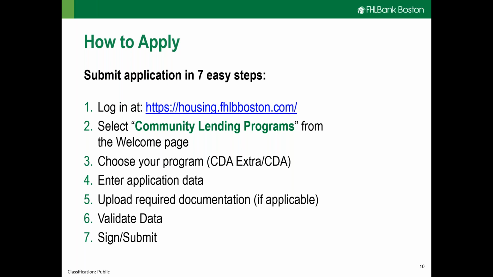And then you're going to provide the data, validate the data. The system is designed to let you know if it appears that there is not sufficient information to successfully submit, and it will highlight the areas that it needs more data. Once that's successfully done, you'll get a validate screen, and then you're just going to sign and submit.